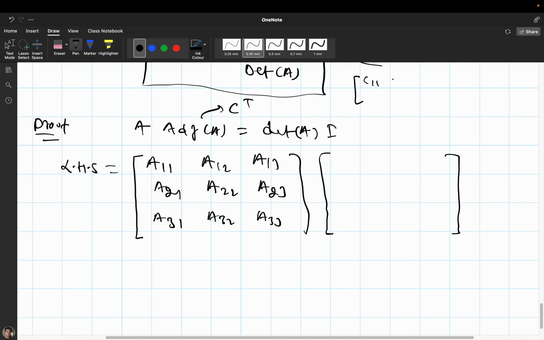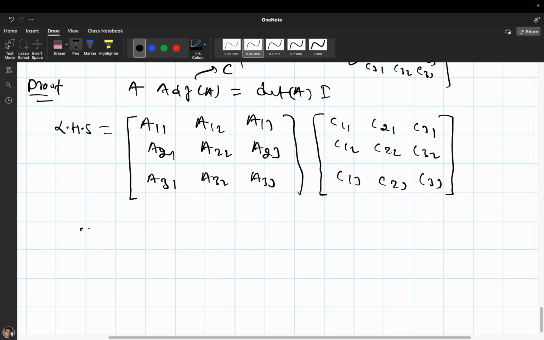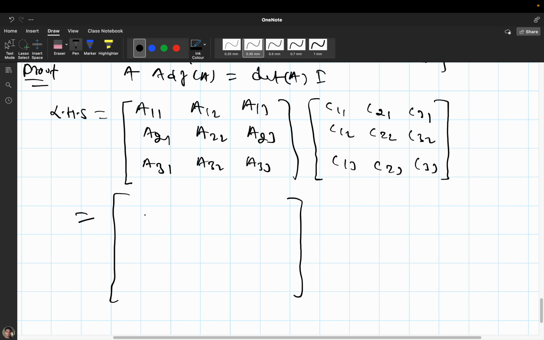That is C11, C12, C13, C21, C22, C23, C31, C32, C33, right? Just take the transpose. So that will be C11, C21, C31 and so on. Okay, fine. Now I will multiply these two matrices.